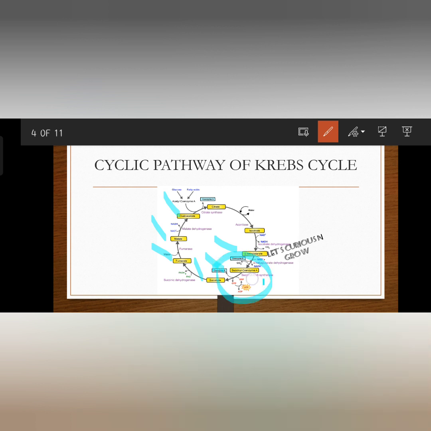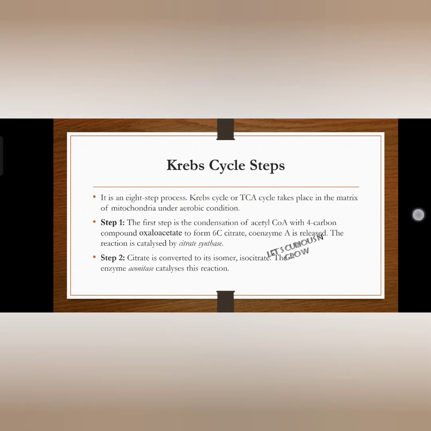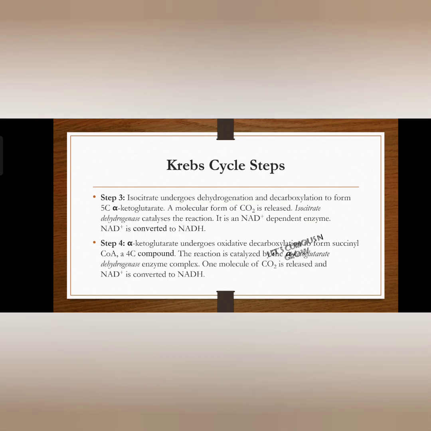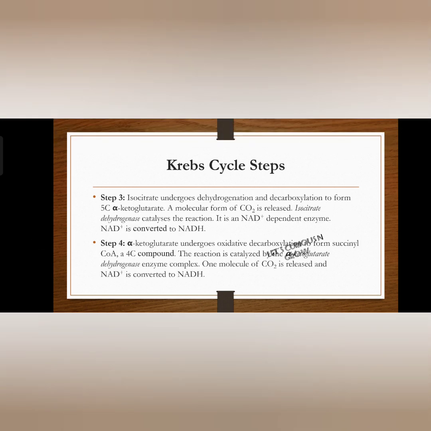Further, you can see back here the cyclic pathway that we are talking about. This first step, citrate, and this isocitrate. So we are discussing step 1 and step 2. For step 1, citrate is formed.